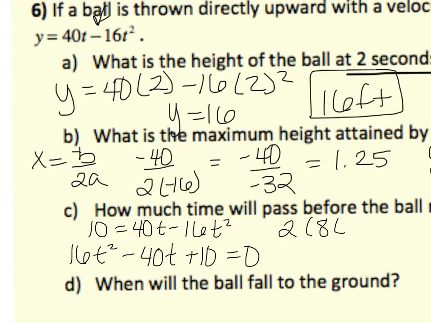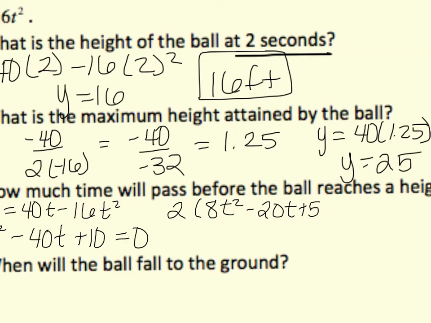To make this a little bit easier to factor, I'm going to factor out a 2. So this is 8t squared minus 20t plus 5 equals 0. Now I don't think that's factorable, so I've got to use the quadratic formula. So I can just use it inside the parentheses because the 2 is just a multiplier.